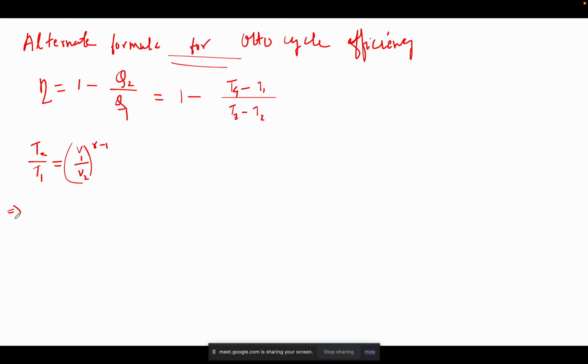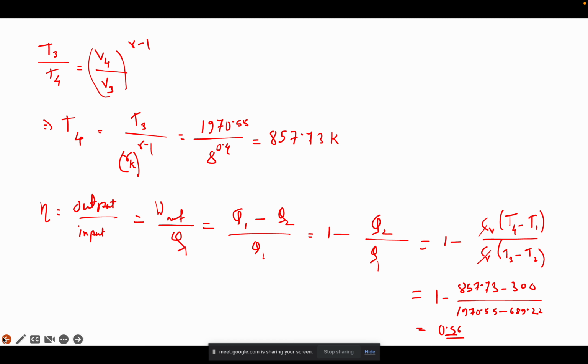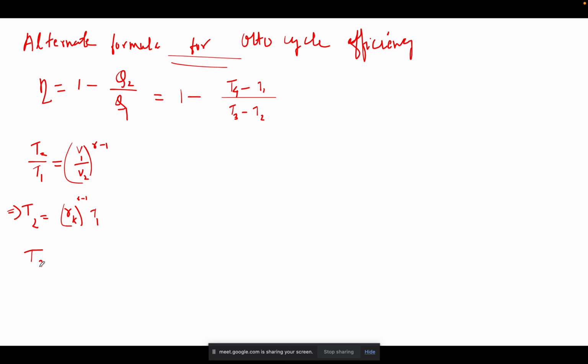That means T2 is Rk to the power gamma minus 1 times T1. And we also know T3 divided by T4 is equal to V4 by V3 to the power gamma minus 1.